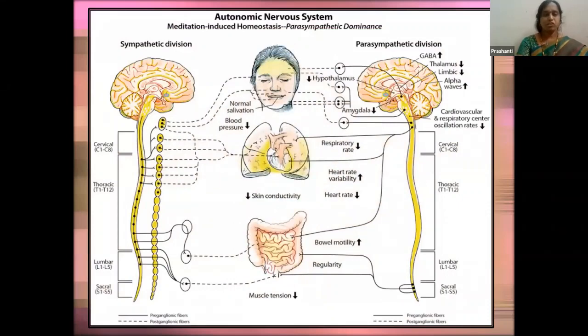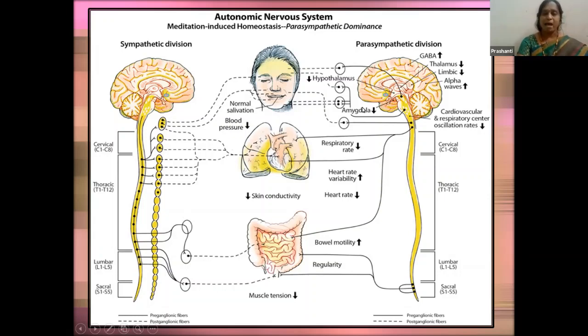So just see the picture, children. This is sympathetic and this is parasympathetic. The sympathetic nervous system allows the body to function under stress. It primes the body for intense skeletal muscle activity. The neurons in the sympathetic division arise from the thoracic and lumbar regions, children.